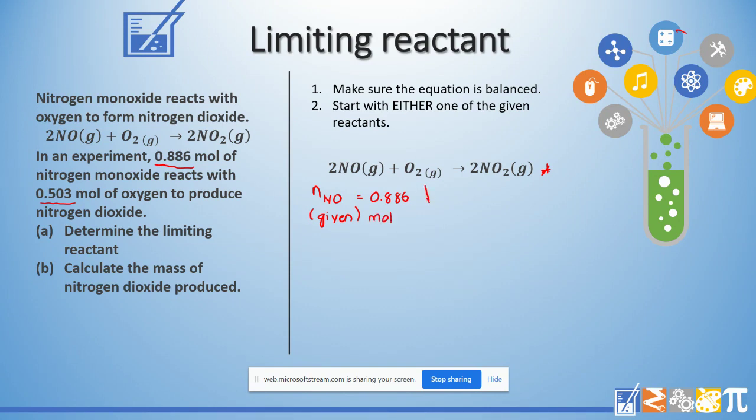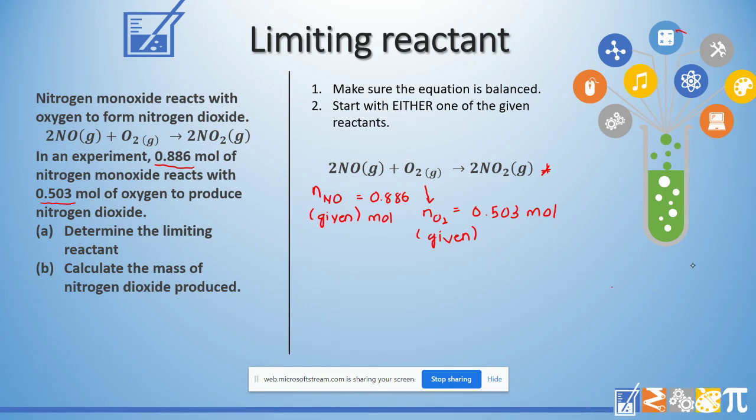As for oxygen, the given number of mole, we have to be very careful and clear of what the information is. So we have n of O2, which equals 0.503 mole. This is also the given value.